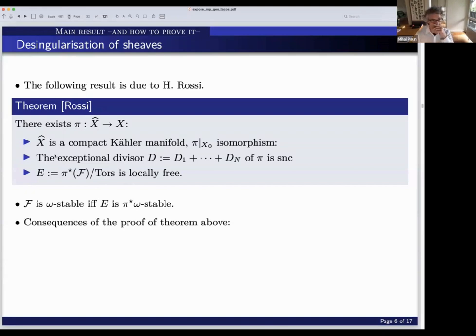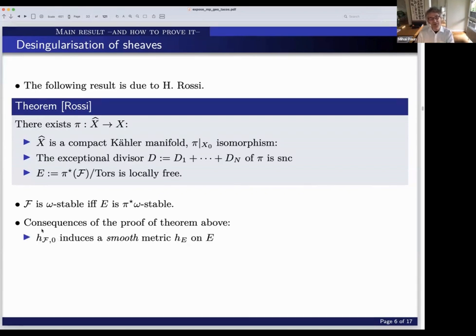Now, as I hope you will agree with me, even more important than knowing results is to know what's in the proof. And it so happens that as a consequence of the proof of the theorem of Rossi, we can derive the following.